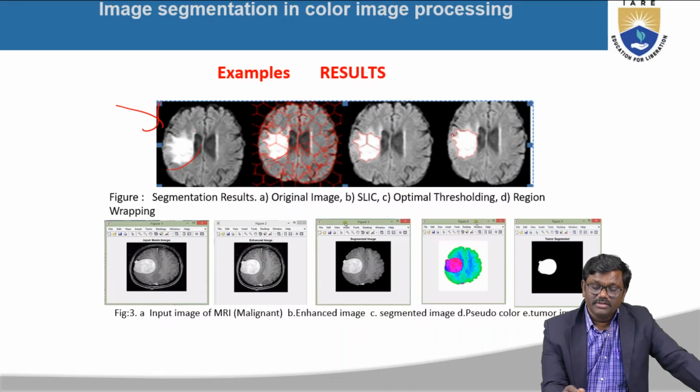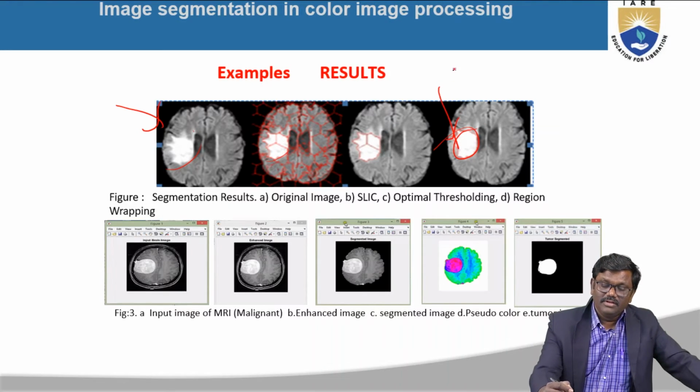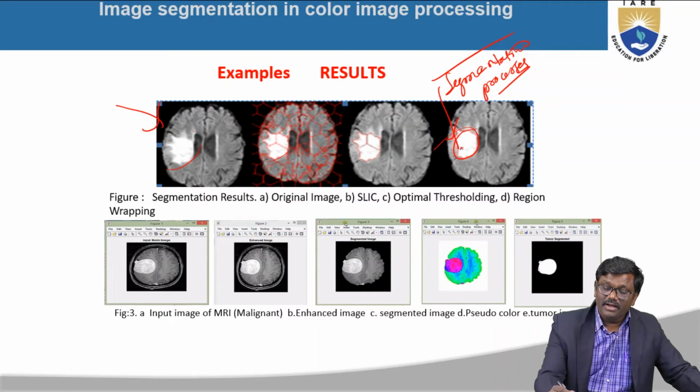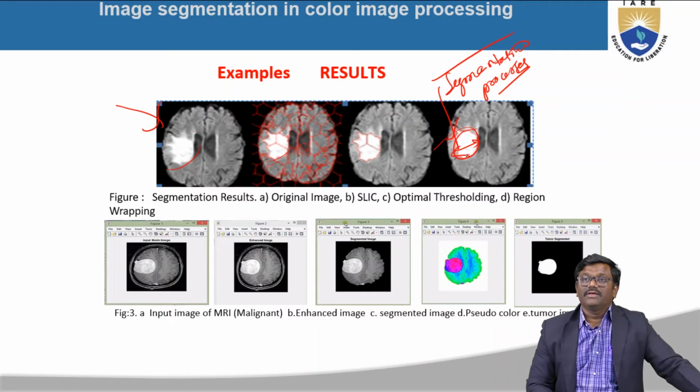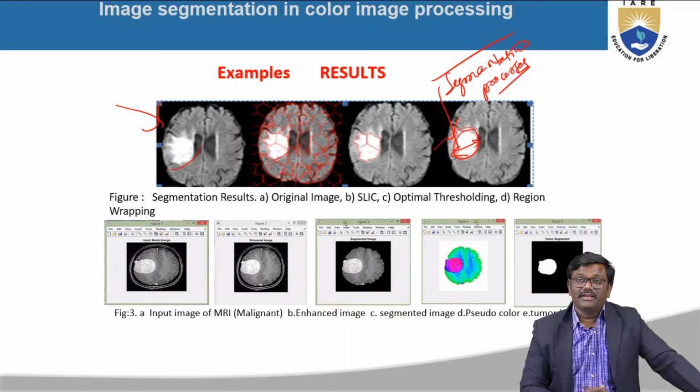That size-based, part-by-part analysis happens based on the segmentation process only. Then only you find the size and color of that particular part. You see different colors here.